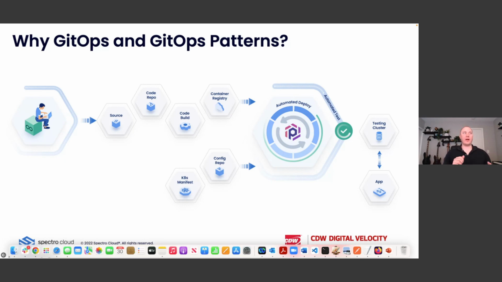You need to have desired state stored in a way that retains its version history and is immutable. Then you need software agents that can automatically pull from that source, and a continuous reconciliation process between desired state and current state. So with those four things, we're getting into GitOps-based patterns.